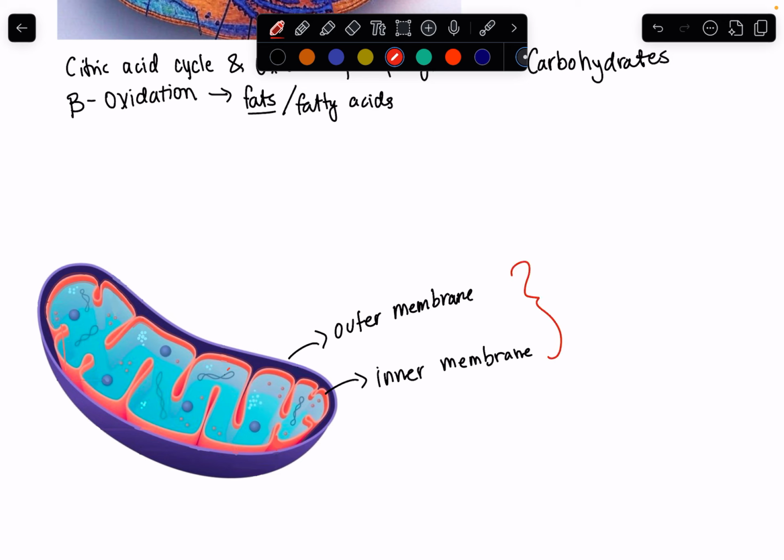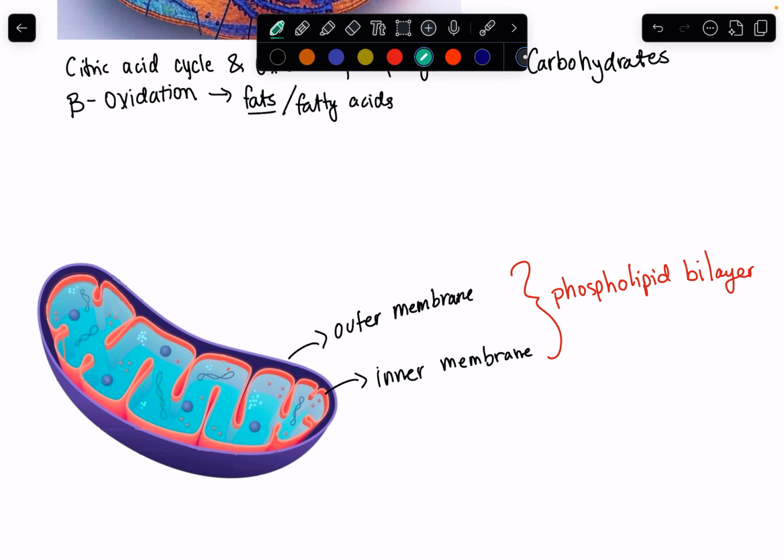Now, both of these membranes are composed of a phospholipid bilayer. Now, you might automatically connect that, wait, the cell membrane is also composed of a phospholipid bilayer. So we will look into that in a little bit.